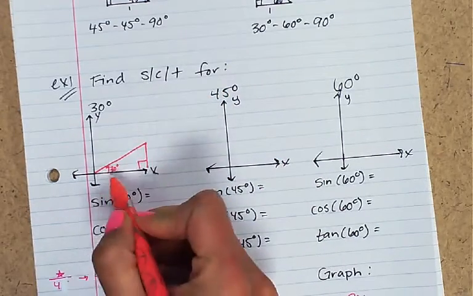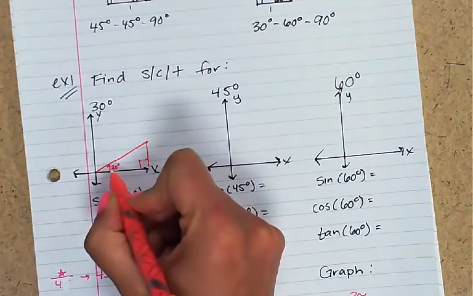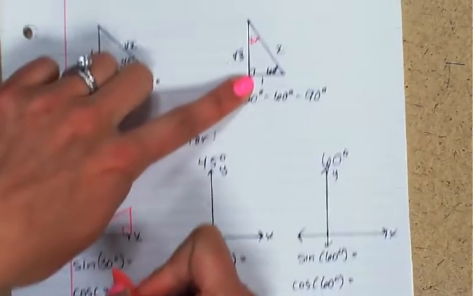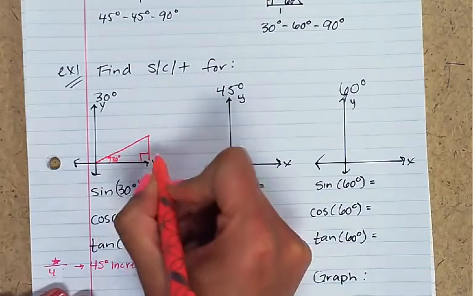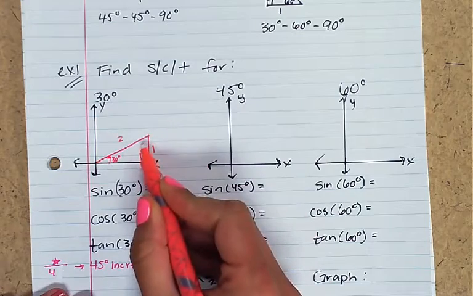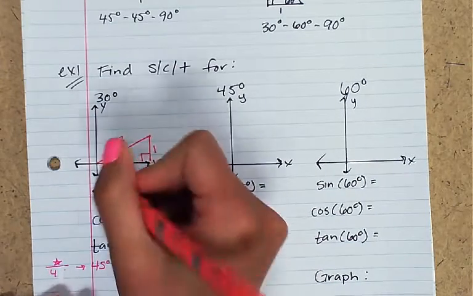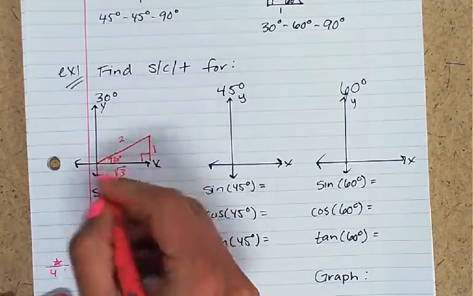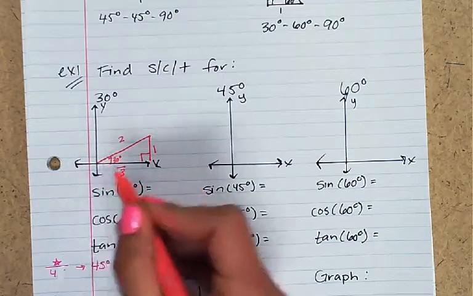So now what we have here is a 30, 60, 90 triangle. Opposite 30 degrees, just like what I have right here, I'm going to put a 1. The hypotenuse is always 2. And then this angle would be the 60 degree angle, so opposite it would be root 3. So this is our reference angle here, this 30 degrees.